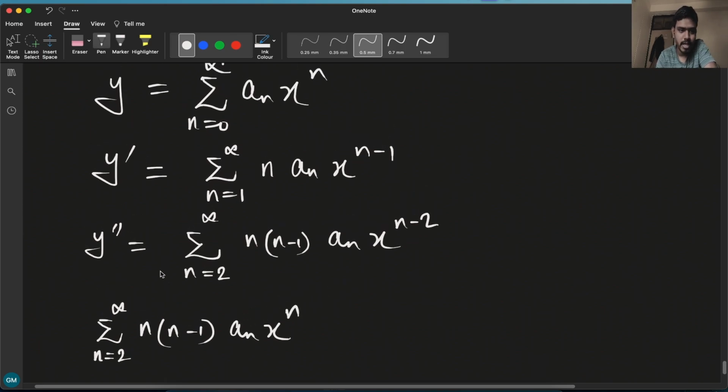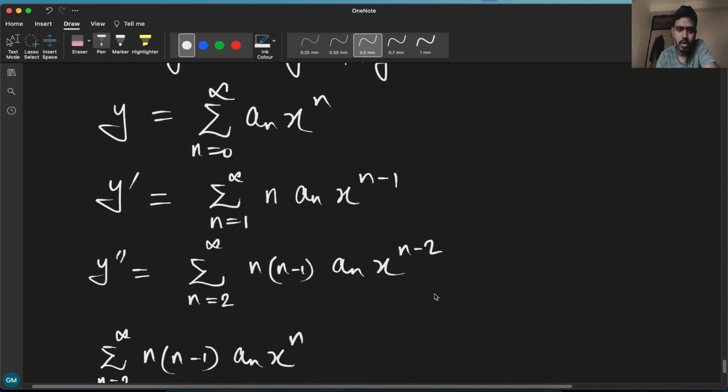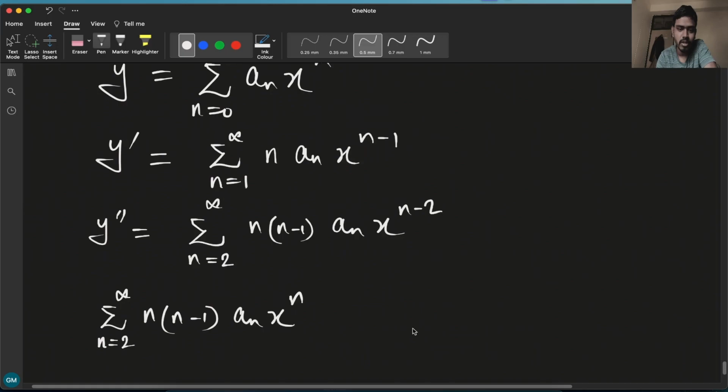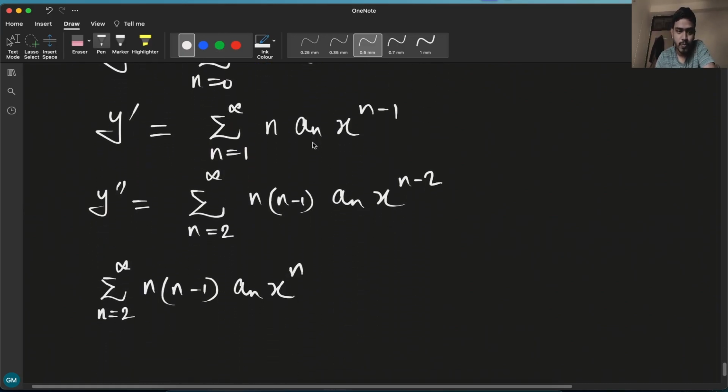It's because x squared times y double dash, okay? This is n minus 2 x to the power n minus 2, and then x squared is multiplied with it, then it will be x to the power n. It is minus 3x times y dash, so it will be minus 3, and y dash is this.